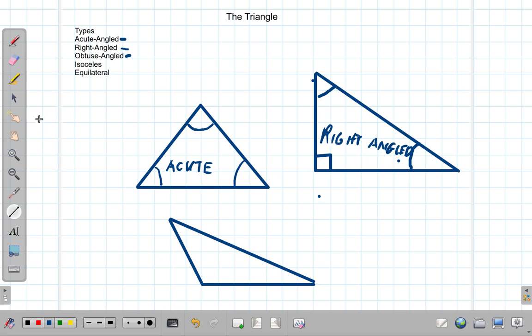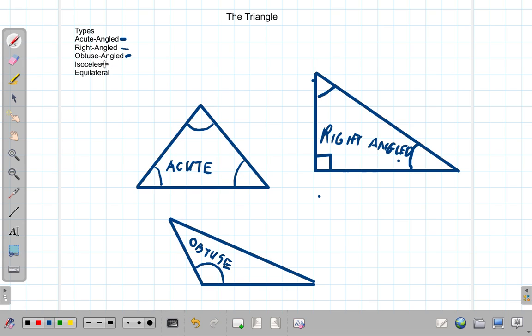So this obtuse angle is right here, and this angle is greater than 90 degrees, right? So this is an obtuse angled triangle.